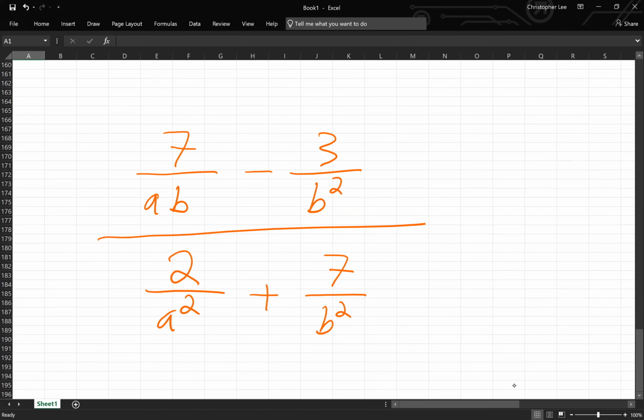So before I could even do this, I have to get the numerator to look like a fraction and the denominator to look like a fraction. Then I could do keep, change, flip, simplify, all that good stuff.